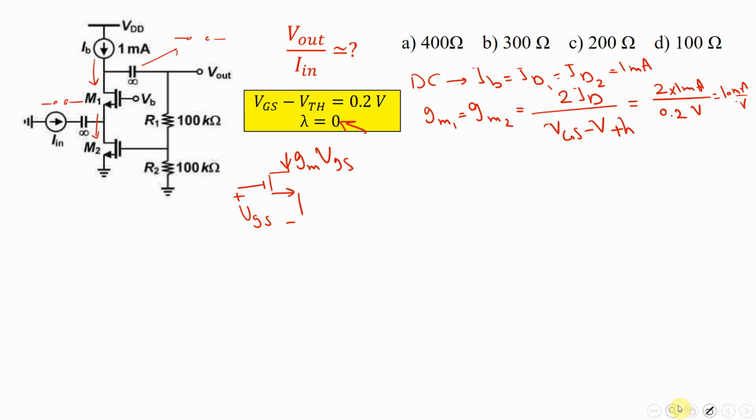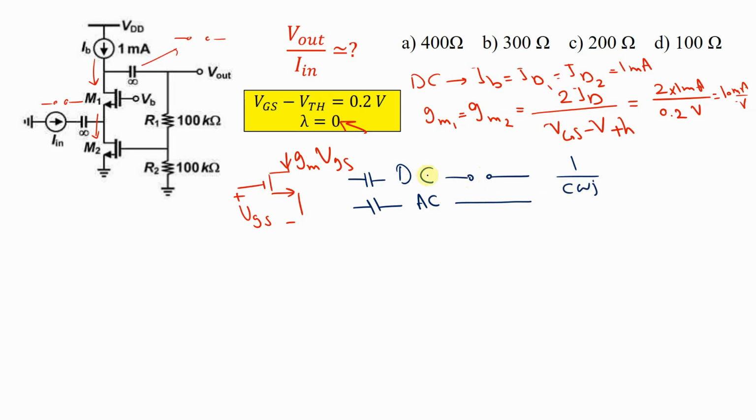Now I'm going to redraw the AC circuit for this problem to make it clear for you. Here for AC, these capacitors are short circuit. As a summary, in DC the capacitor is modeled as an open circuit, and in AC, as a short circuit, because the impedance of a capacitor is 1 divided by C omega j.